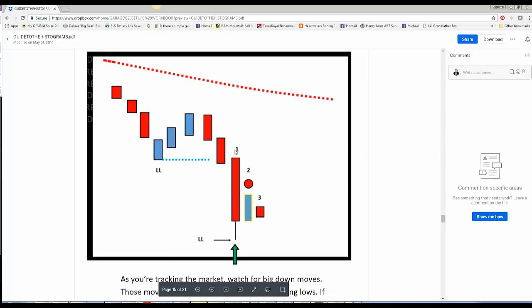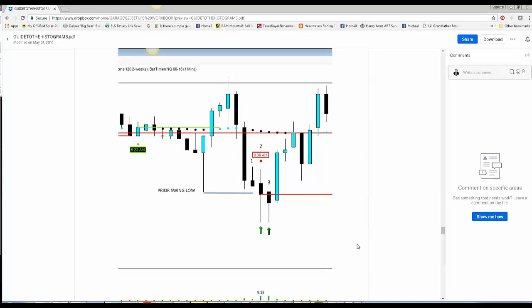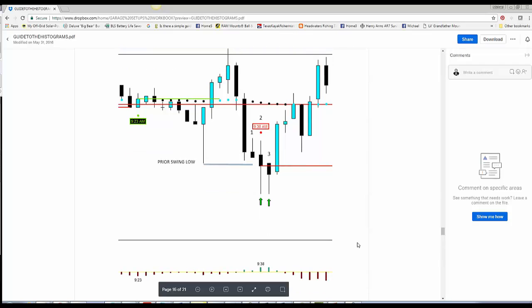So candle number 1, candle number 2, or candle number 3, either of those can be a new low in relation to the prior swing low. And if any of them are, we assign an exhaustion arrow, a signal indicating that this time may possibly be a reversal time. And when we see that take place on live charts, it historically looks like this.